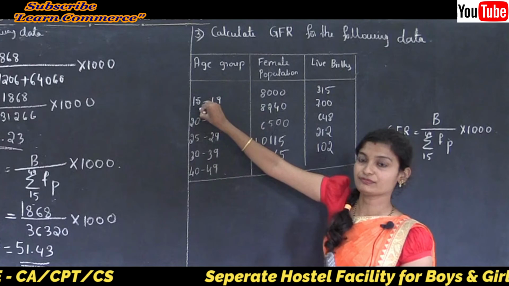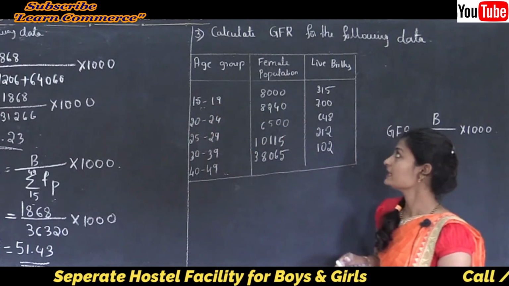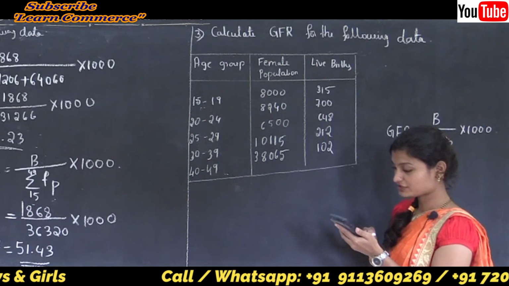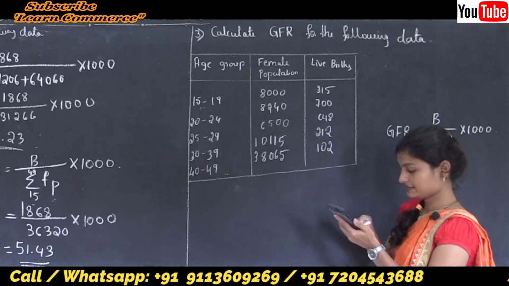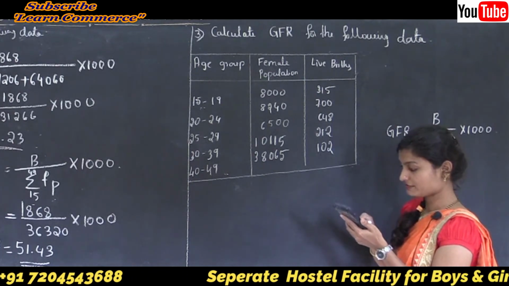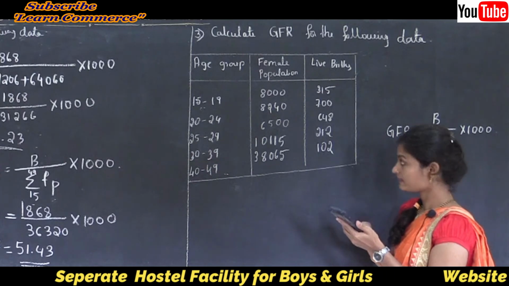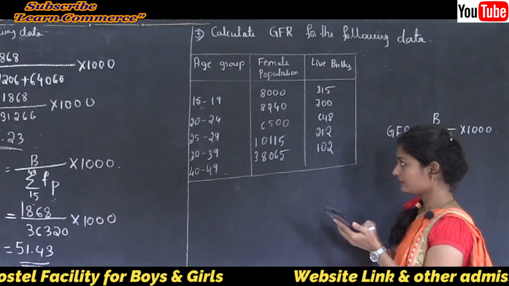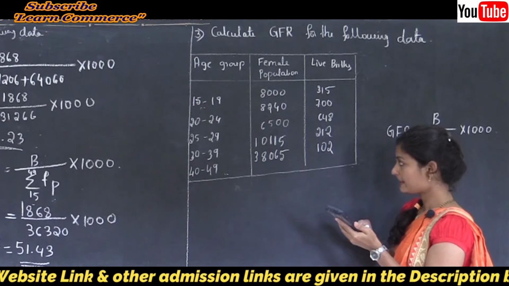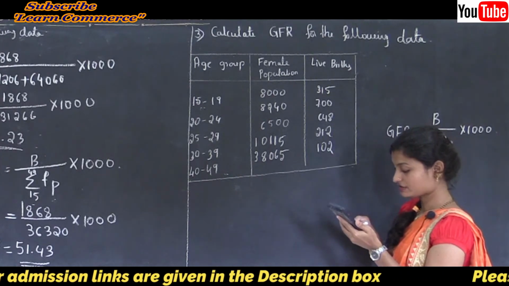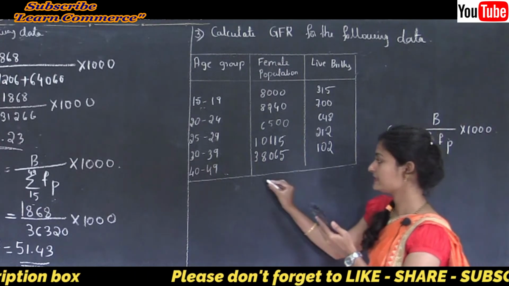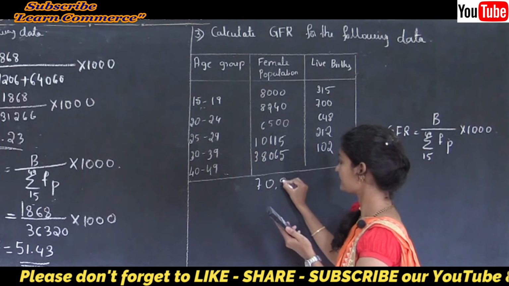So here the age groups are 15 to 49 years. So I will calculate the total female population, that is, the first observation 8000 plus 8240 plus 6500 plus 10,115 plus 38,065, that is 70,920.